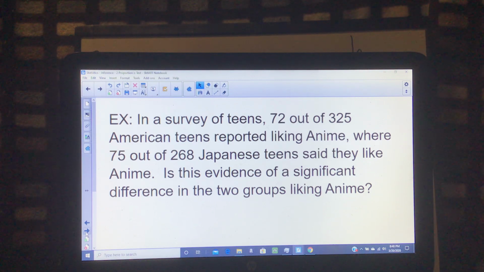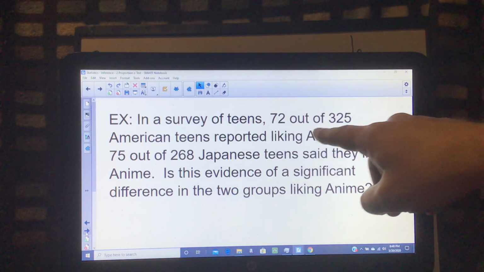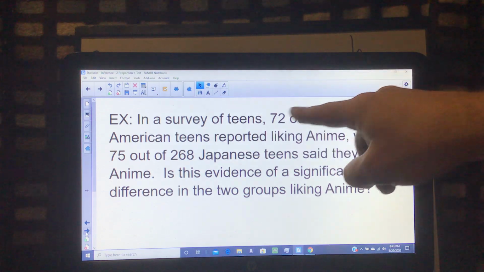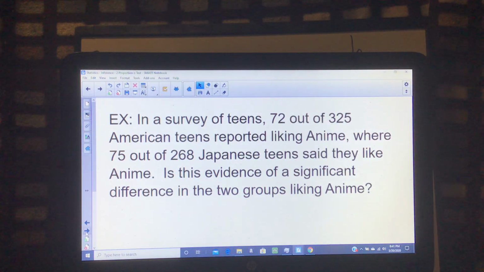I think it's somewhat easy to see from the numbers that the Japanese sample came out higher than the American sample. But this may or may not be evidence that the two populations actually like it at a different rate. So see if you can determine this. Go through the 4 steps. And in the next video that I will add on to this, I will show the solution to this and you can see how you did.